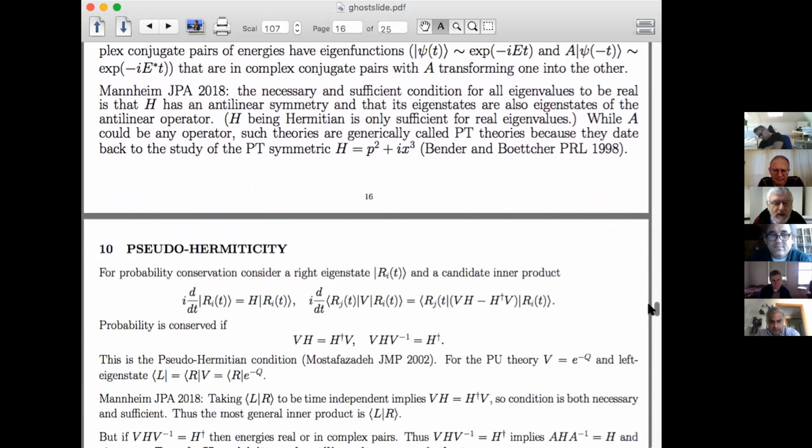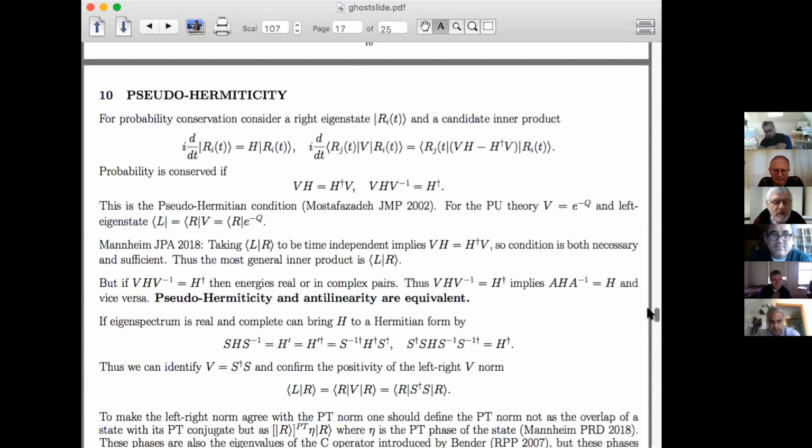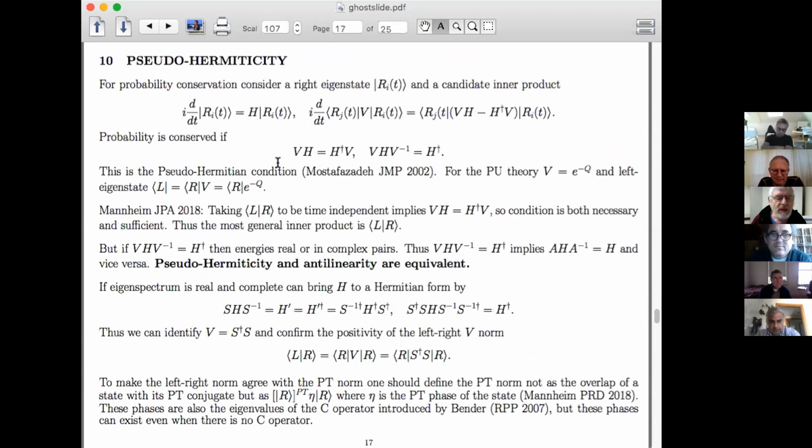The other way of formulating the same problem is called pseudo-hermiticity. Namely, you take a right eigenstate of the Schrödinger equation, and you introduce an operator V, and you calculate a norm, and you find that it's VH minus H dagger V. And then probability will be conserved if VH is equal to H dagger V, and if V is invertible, if V H V to the minus 1 is H dagger.